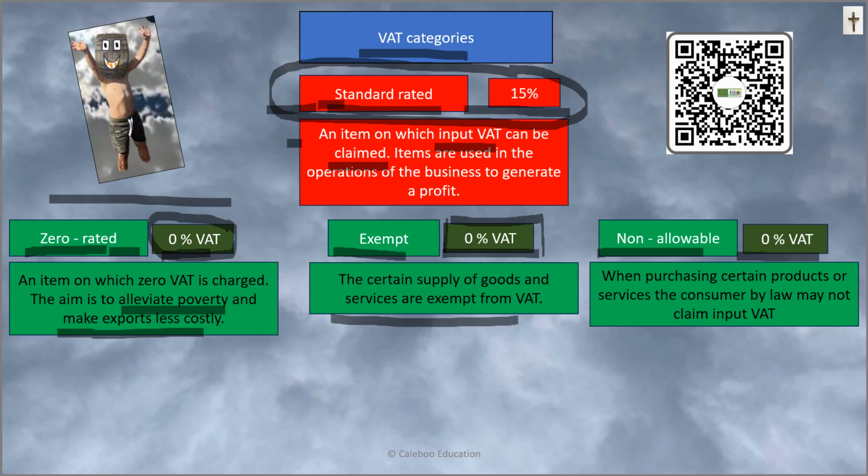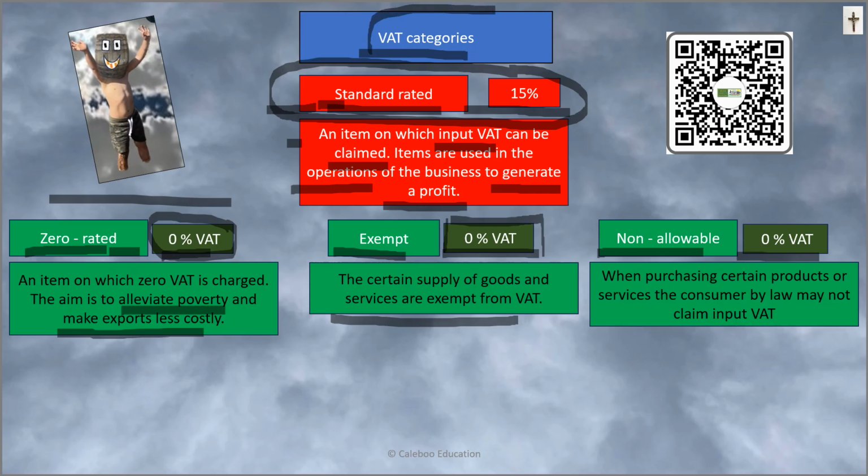So all goods, services, products that are purchased for the operations of the business, in order for a business to make a profit, 15% input VAT can be claimed.